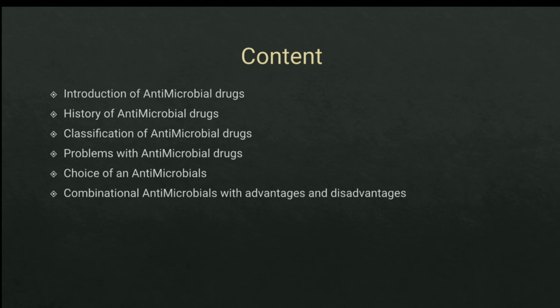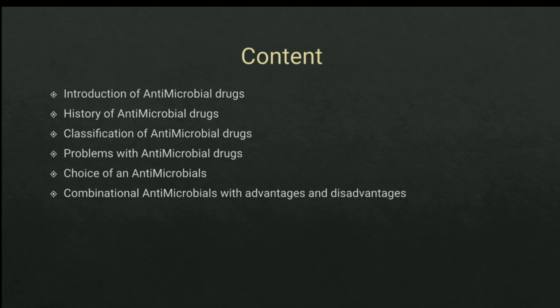After that, how we choose the right antimicrobial for a particular patient, like in pregnancy, which antimicrobial we have to take, or we have to stop antimicrobial. All this kind of stuff we discuss in the choice of antimicrobial.